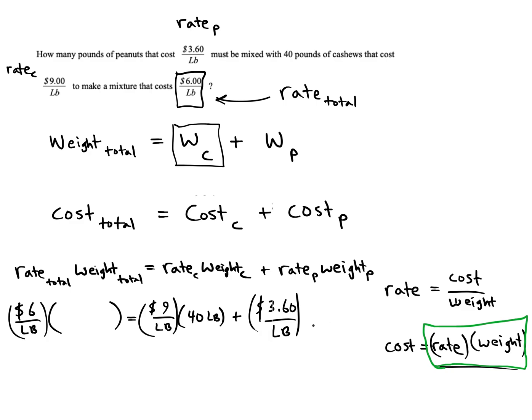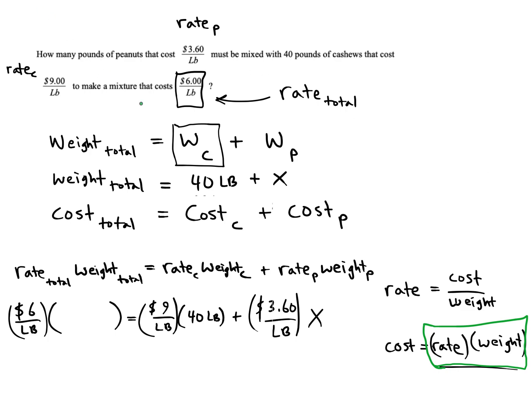So one option is to make it a variable like x. We'll let x stand for the weight of the peanuts. Okay, so here we would have that the total weight is equal to 40 pounds plus some unknown value, which we're trying to find.